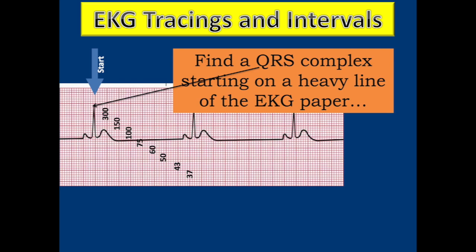So the next line over to the right, if that's where the next QRS complex is, will be a rate of 300 beats per minute, and so on. If the QRS then falls at the 150 mark, it's 150. If it falls between 100 and 150, it might be 100 or 120 beats per minute. But that's why it's so easy to just memorize these numbers.